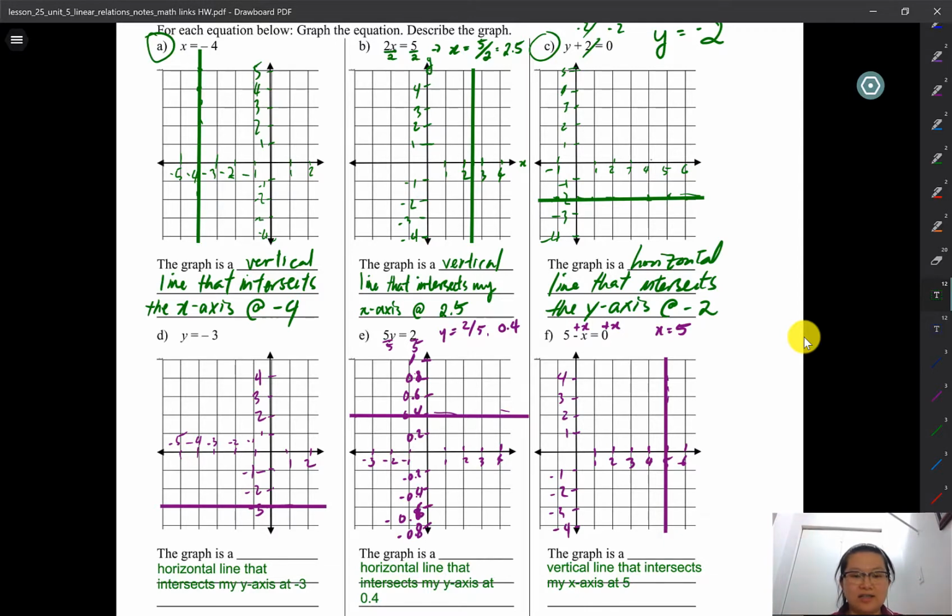Let's give you an actual context very quickly. Let's say I'm looking at the relationship between time and how far I am away from my house. In that case, my time can keep going, but I may always be at my house, say the weekend, Thanksgiving or something, you're just stationary at your house. You're not moving anywhere. In that case, time can be anything, and your y value is always going to be 0.